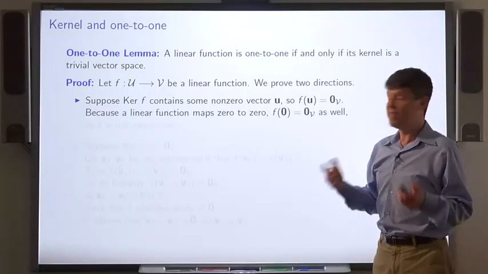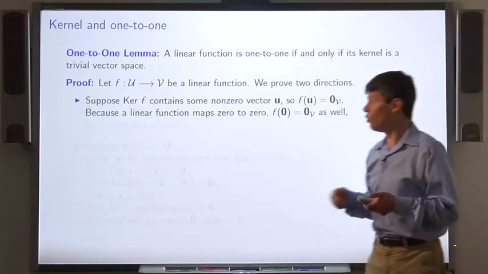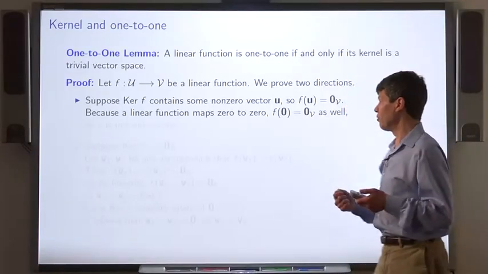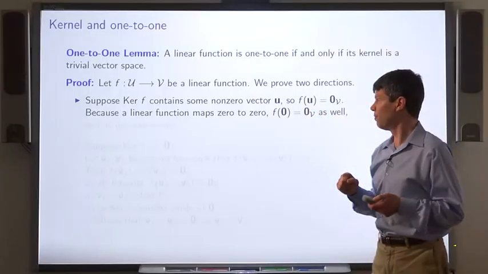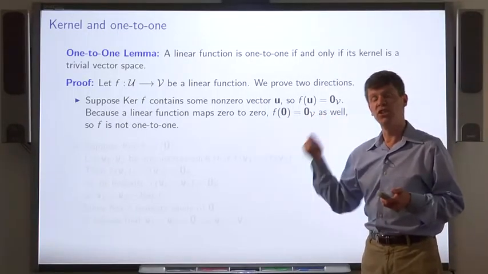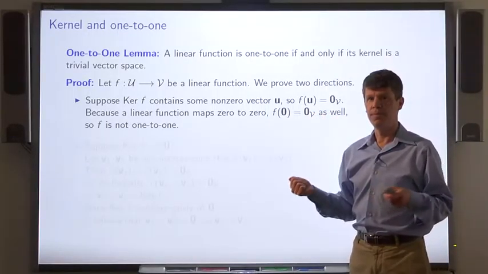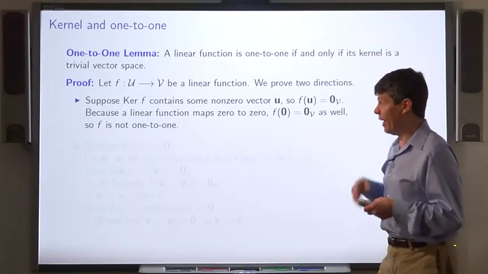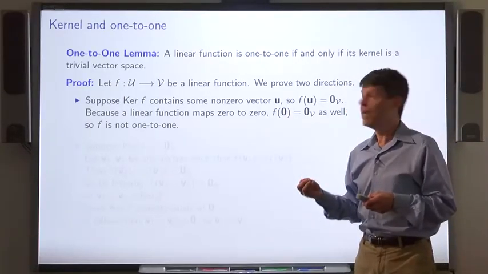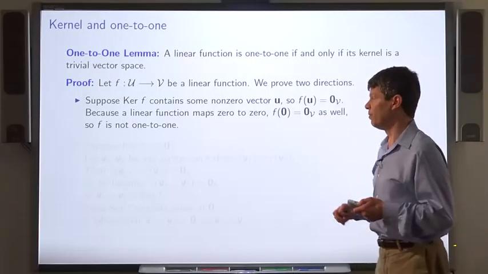Now, we've seen that a linear function always maps the zero vector to the zero vector. So f(0) is also the zero vector. So this shows that the function is not one-to-one. Equivalently, we've shown that if a function is one-to-one, then its kernel must be trivial.